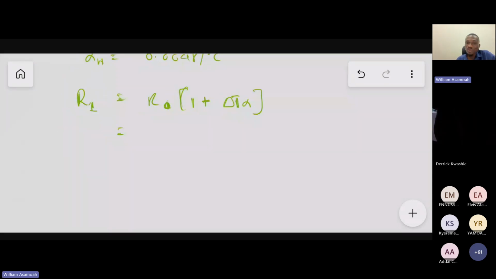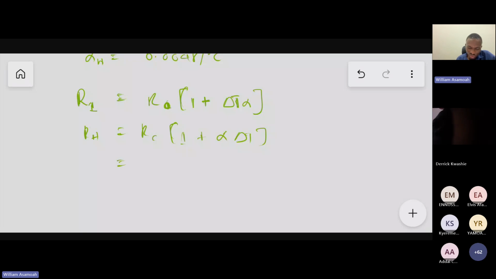Okay. So we know R1 is R hot. Let me just use R hot. Then this will be R cold, RC. Then we have 1 plus alpha times T. So we can plug them in.